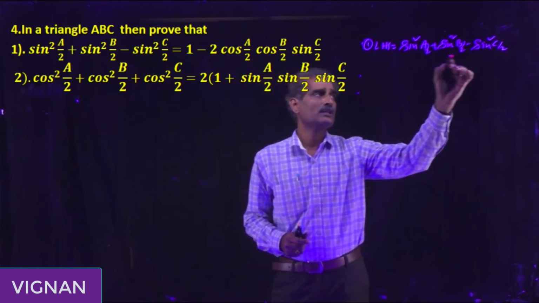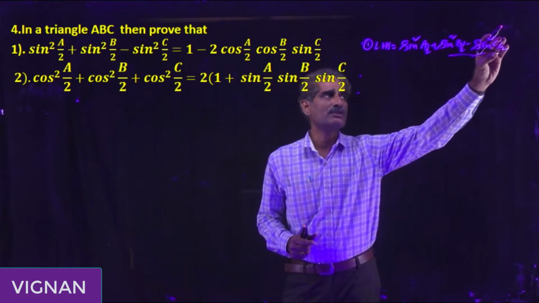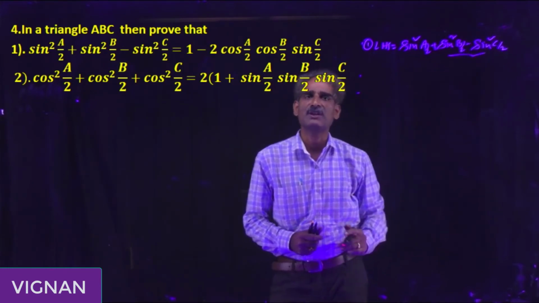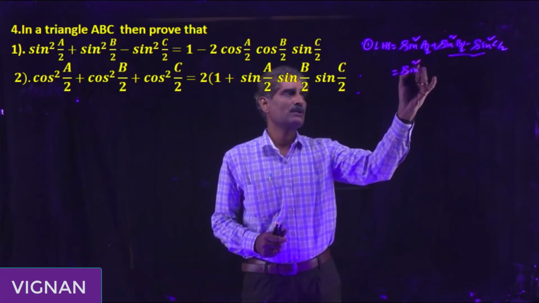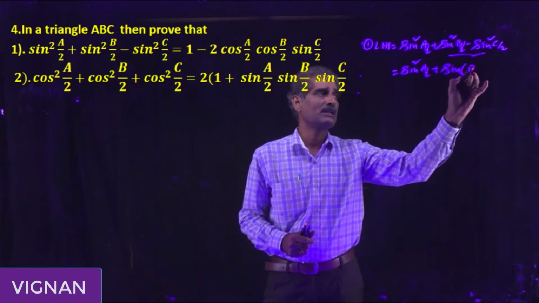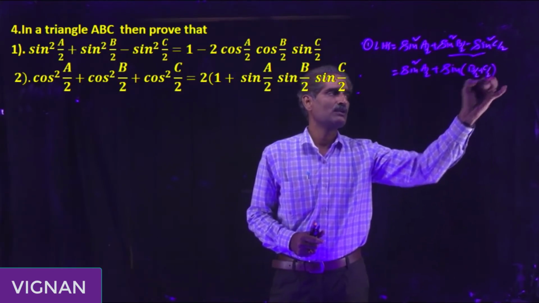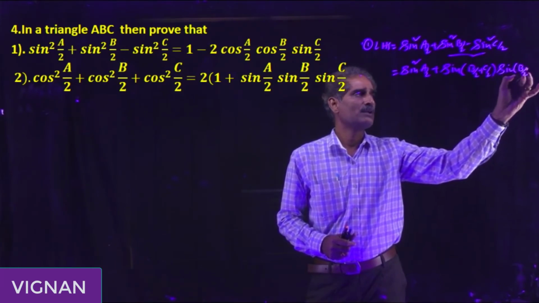Okay, so here there is a formula. Let us consider this equals some a and this equals some b. Now it is in the form of sin square a minus sin square b. Just apply the formula for that: sin square A by 2 plus sin(a plus b) into sin(a minus b). That means sin of (B by 2 plus C by 2) into sin of (B by 2 minus C by 2).